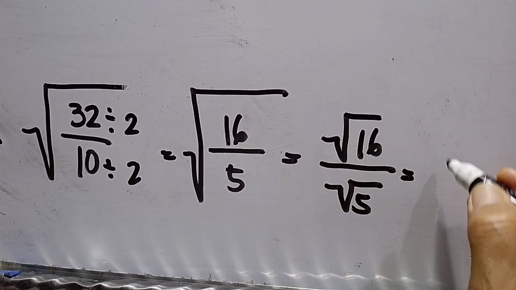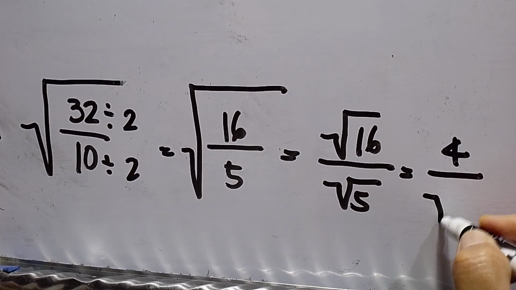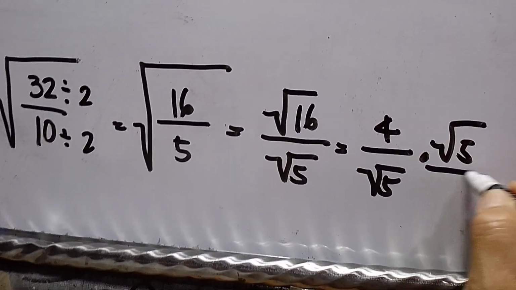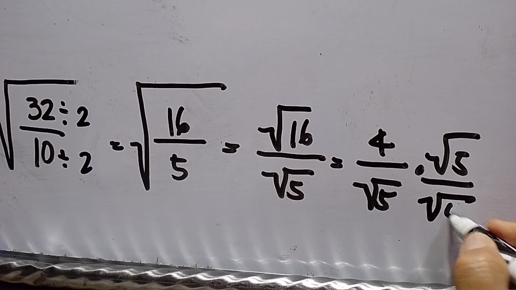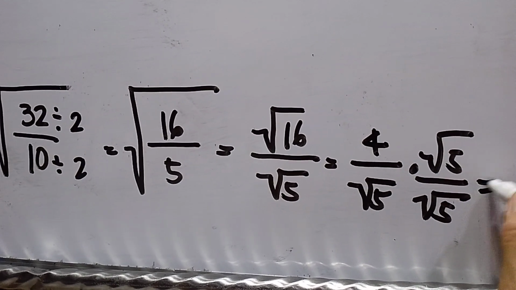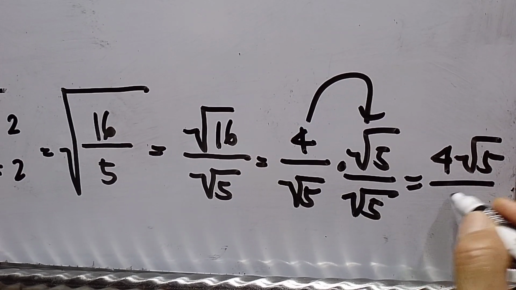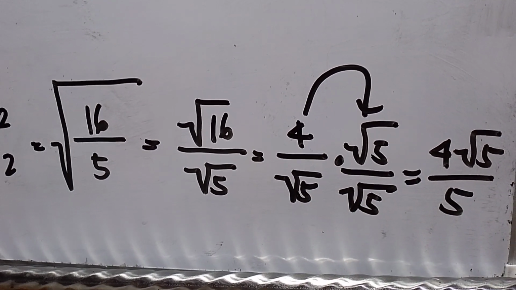We know that square root of 16 is 4. So I multiply square root of 5 to both numerator and denominator to rationalize the denominator. So this will be 4 square root of 5 over 5. So that's the answer for number 3.